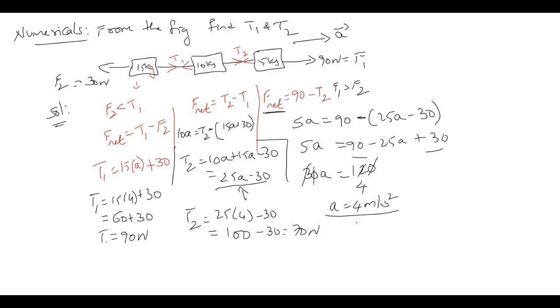So T1 is equal to 90 Newton, T2 is equal to 70 Newton. Correct? Understood?